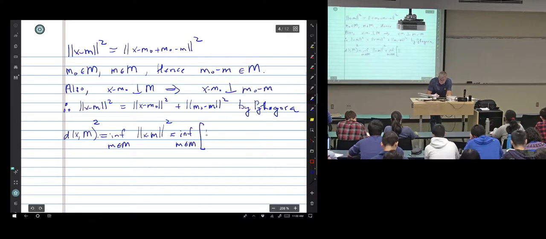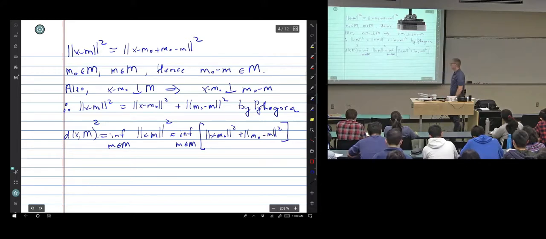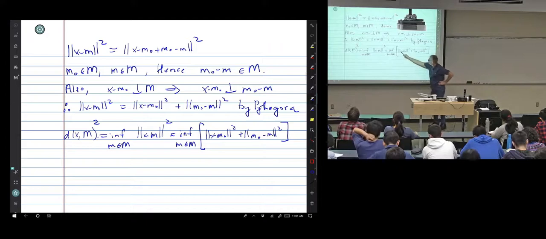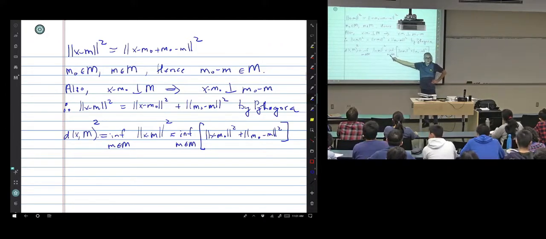So norm X minus M0 squared. Right, that's the distance squared there. So, how does this term change when I vary m? It doesn't. It's independent of m.